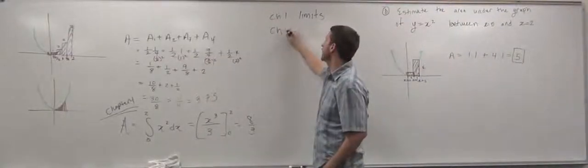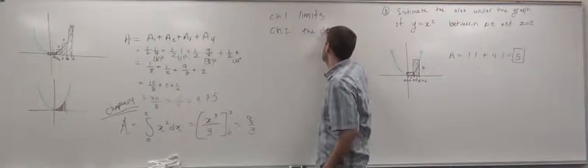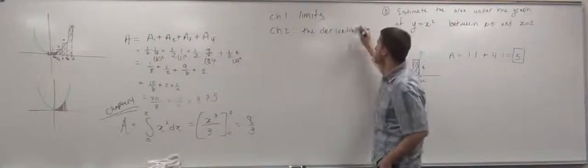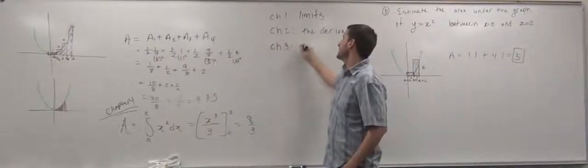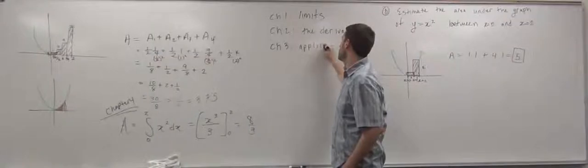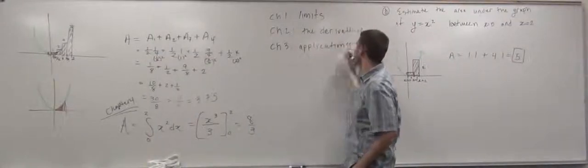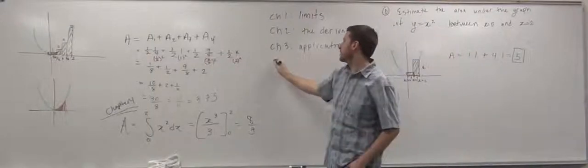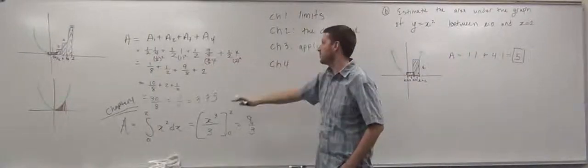Chapter 2 is about the derivative, which is another name for the slope of the tangent line. This is what we do. Chapter 3 is applications of derivatives, like graphing and maximizing. Chapter 4 is integration, which is this.